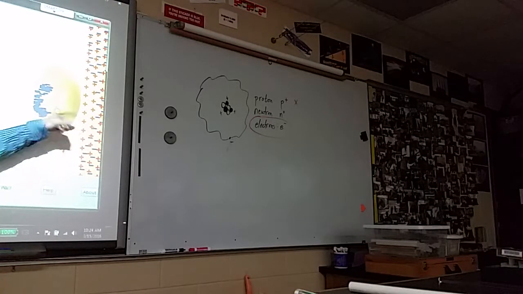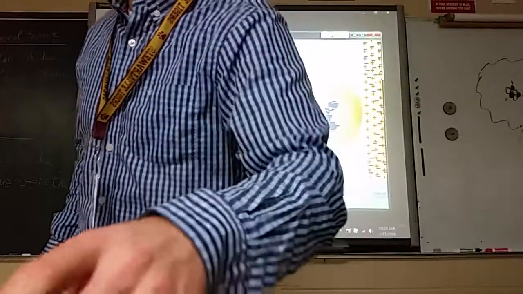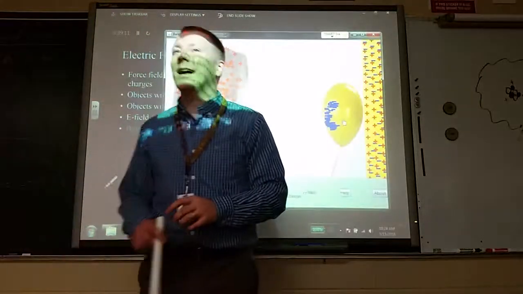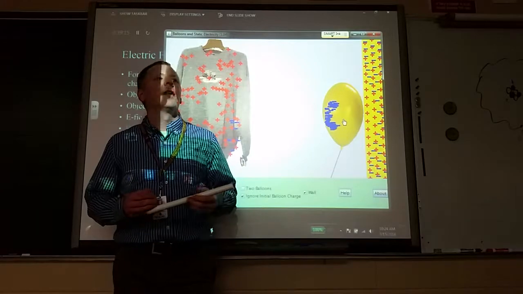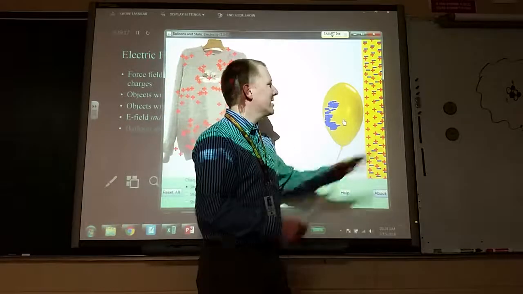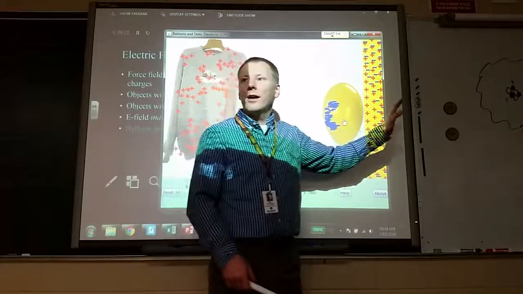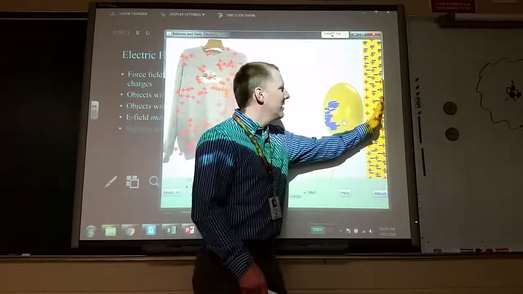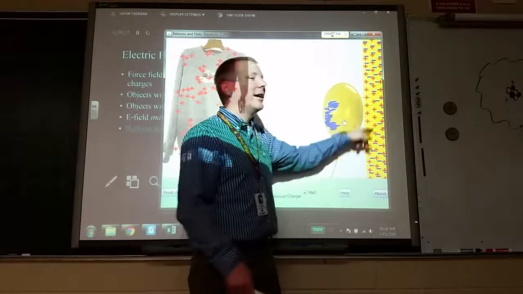What else could happen inside the wall if it's not the positives moving? What part of the atom can move? The negatives move closer. So instead of the blue negatives, our electrons, moving away, if this balloon were positive, they'd tend to move closer, making this look negative.